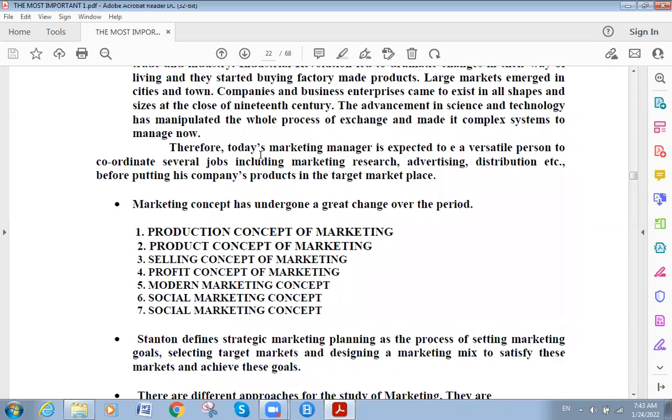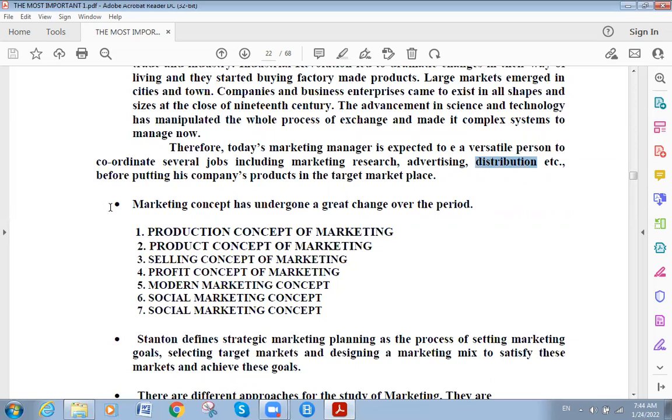Therefore, today's marketing manager is expected to be a versatile person who coordinates several jobs, including marketing research. Look at this now. These are the works of the modern marketing manager. What he will do: research, advertising, distribution, and so on.